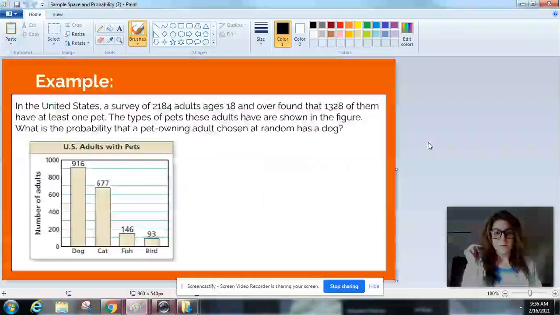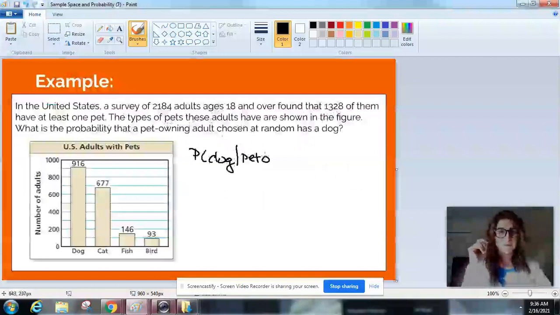Okay. Our next one. So we have a survey of 2,184 adults, 18 and over. 1,328 of them have at least one pet. We want to figure out what types of pets owners have, if there's a dog. Okay. So it's the probability of dog out of pet owners. And that's important because they gave us 2 totals.